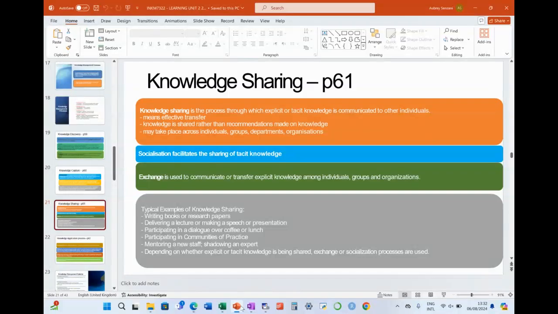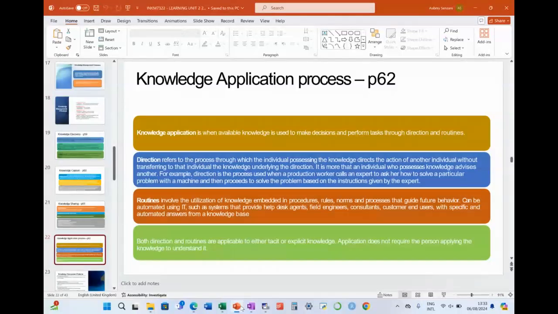We even exchange certain workbooks that certain lecturers might have used and said, this has helped my students, because it's additional material which the students can utilize to practice their work. So we can go on and on, but that is knowledge sharing. This stuff is pretty self-explanatory. So you just now need to know the subcategories and how exactly they apply.